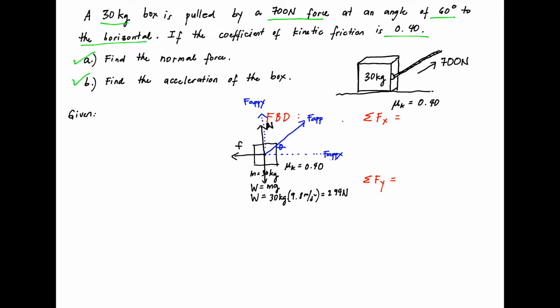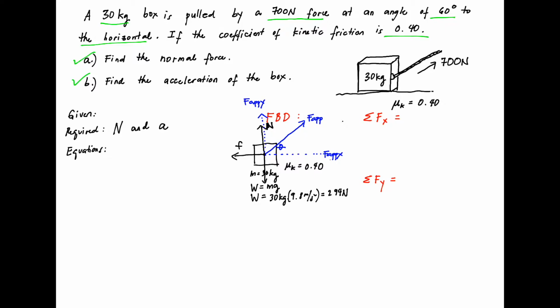And we can now solve for the required. What are the required variables that we need to look at in this problem? First, we have the normal force, and the other one is the acceleration of the box. Let's write the equations.